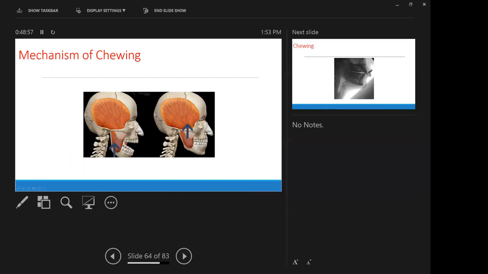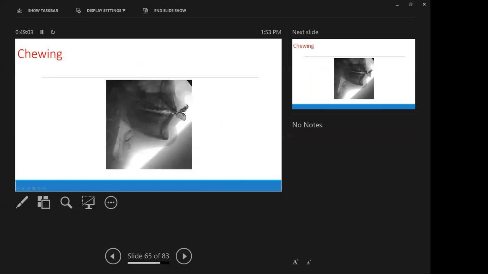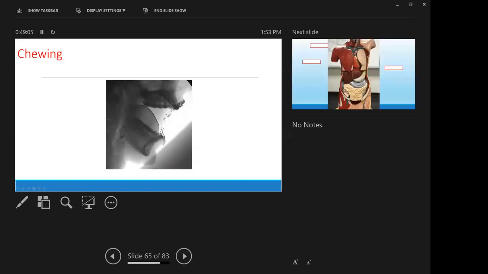And so we get this chewing action of pulling the mandible up against the maxilla, which looks something like this. Notice that the maxilla doesn't move, only the mandible is moving. You can see the tongue here, but only the mandible is being brought up against the maxilla. That's all.